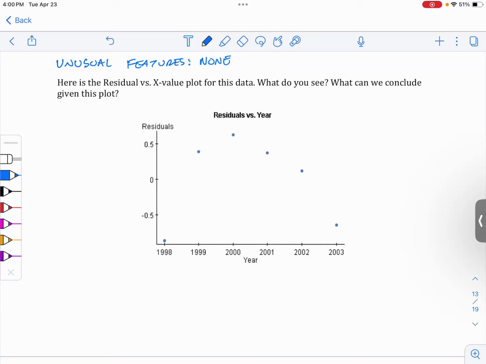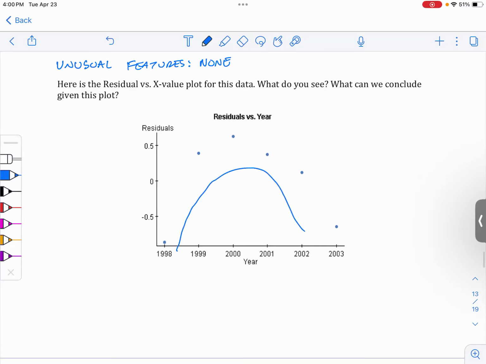Do you see a shape here? Like this. Starting over here. Does it do anything? Oh, yeah. All right. That is a parabola.